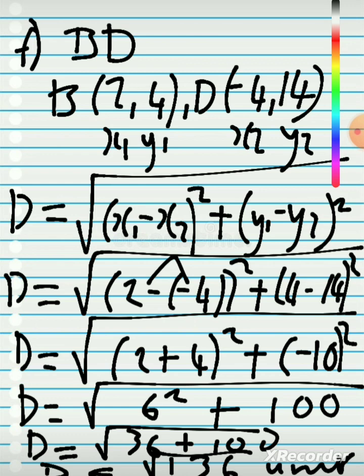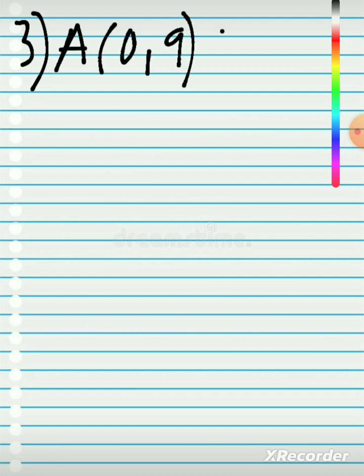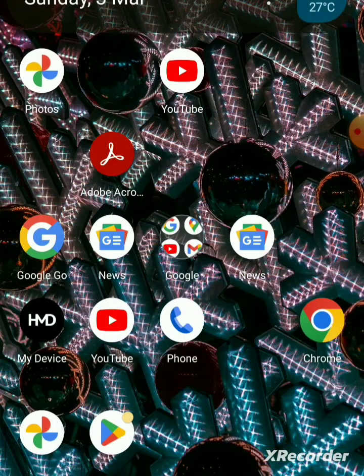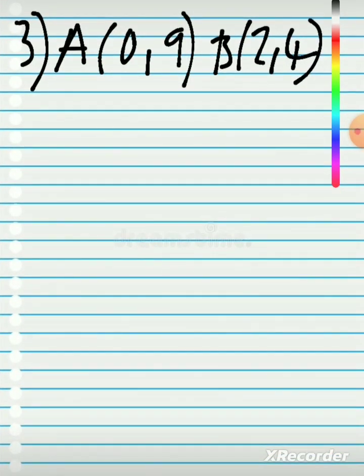Okay, so now we go to gradients. So going to question 3, gradients. We have A 0, 9 and B 2, 4. Again, we have to name x1, y1, x2, y2.